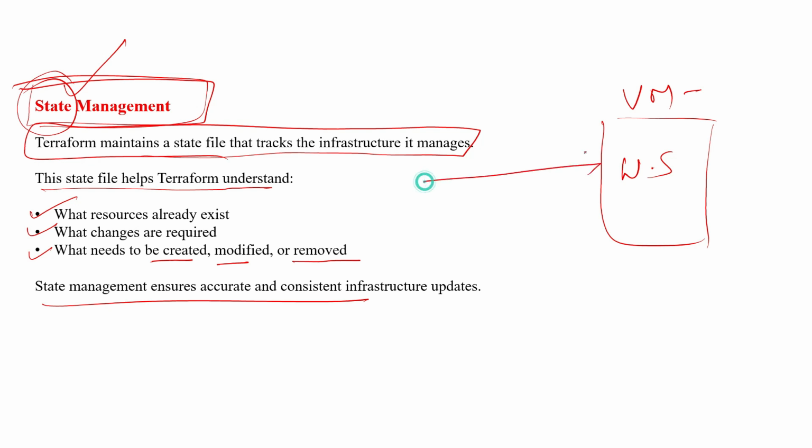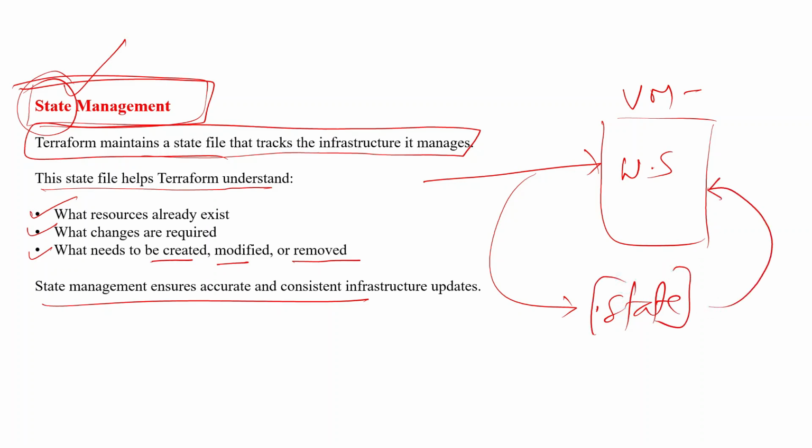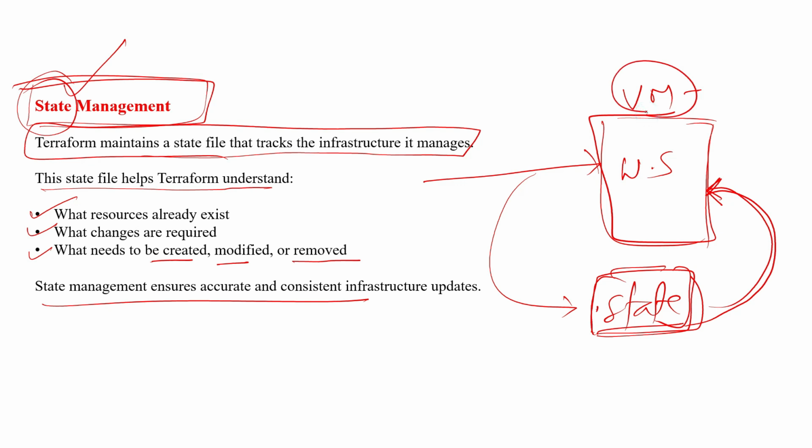Once I run the Terraform script, it will create a state file, and this state file will contain the information about the infrastructure that has been created during the execution. Now this state file has the information about what exactly exists in your infrastructure. You have a virtual machine which contains a web server. This is the information about the existing resources.